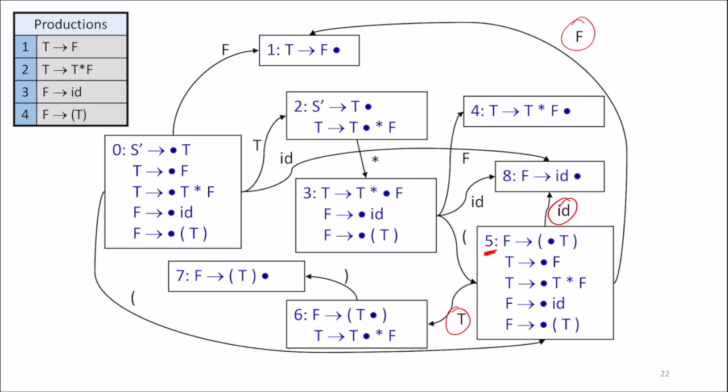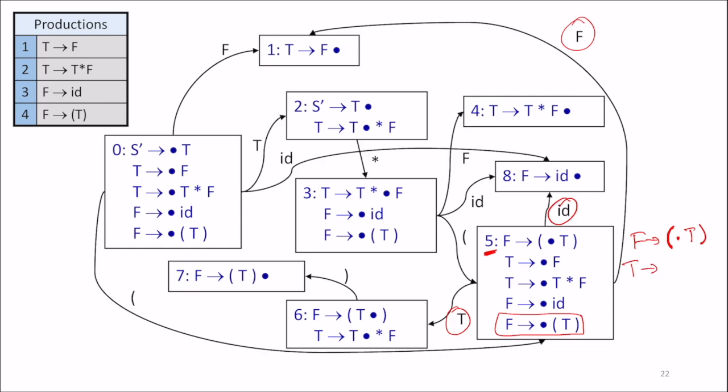So I would look for a dot in front of an open parenthesis, which gives me that dotted rule, and I compute the successor. Again, I'm just going to do it manually. I would take the dot across the open parenthesis because I'm computing the successor on open parenthesis, and then the dot is before the T, close parenthesis.